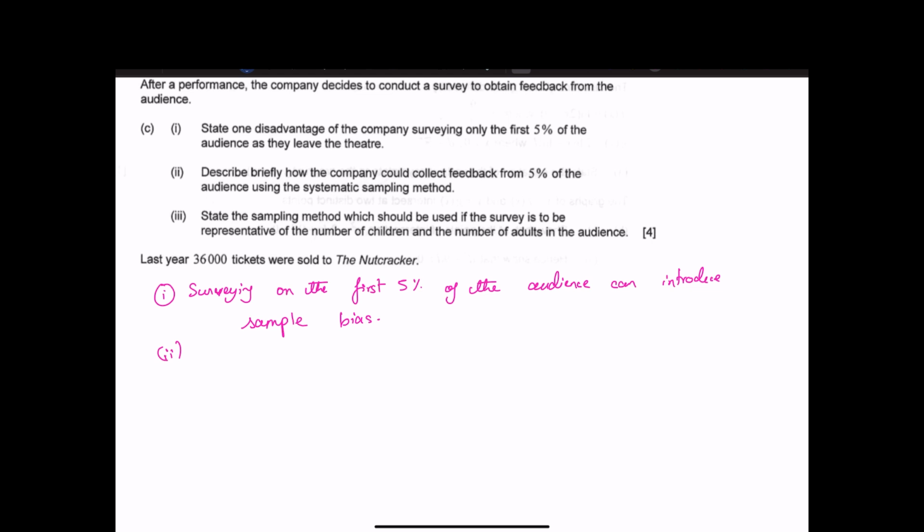Next is how the company could collect feedback from 5% of the audience using the systematic sampling method. So for the systematic sampling method, first we write the steps here. First we have to number each audience member. Second, we have to find the sampling interval.